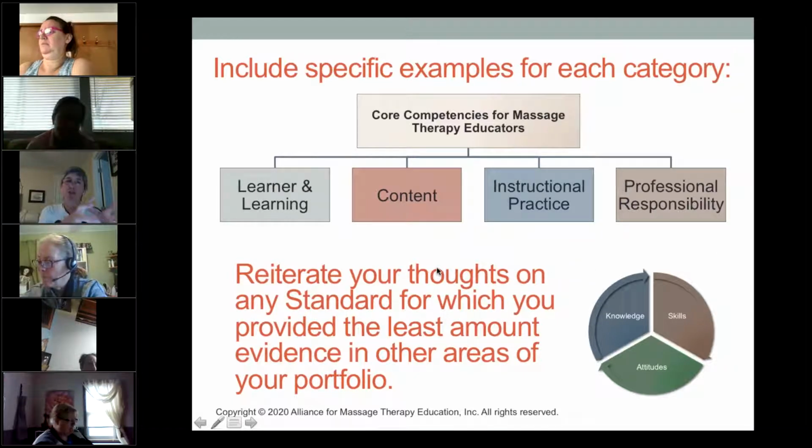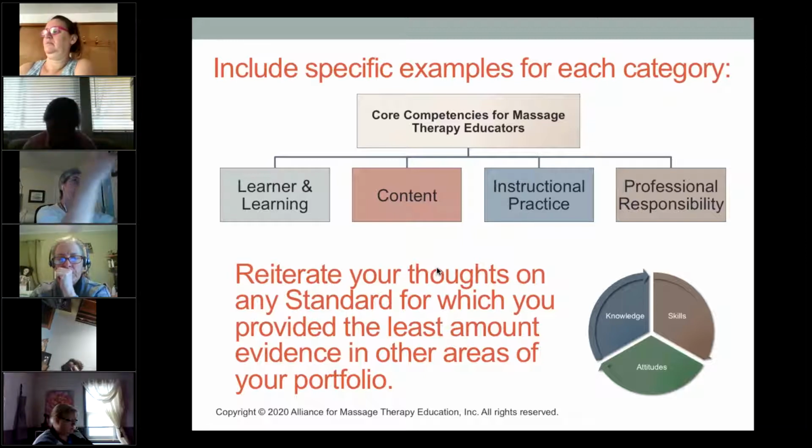So you should try to include specific examples in those 4 different categories, because that can really address more than one of the standards under each of those categories, depending on how you share it. So just reiterating your thoughts on it in any of those categories, but specifically, and why I recommend that you write your statement last after you've accumulated all your other portfolio items and got them all together, and you look through and you say, okay, I've demonstrated all these 10 standards in these different ways.